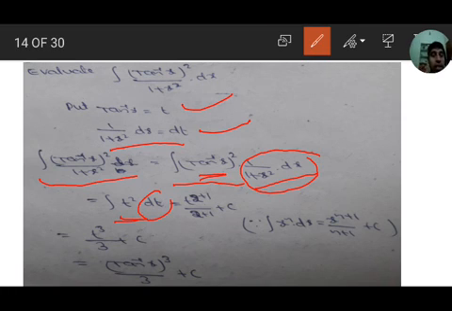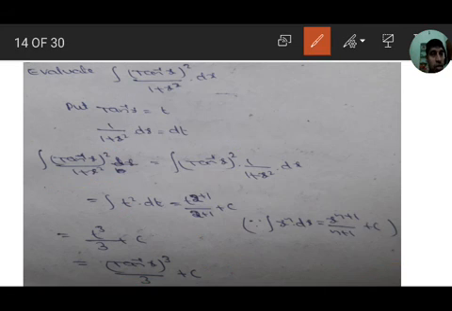So integration of t to the power of n is t to the power of n plus 1 by n plus 1 plus c. Therefore here n equal to 2, t to the power of 2 plus 1 by 2 plus 1 plus c, that is t cube by 3 plus c. T means tan inverse x, so tan inverse x whole to the power of 3 by 3 plus c is the process.